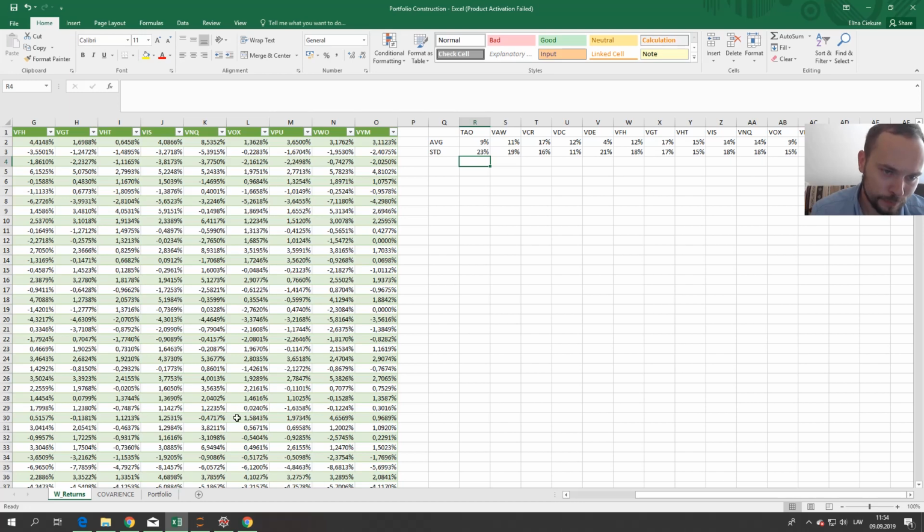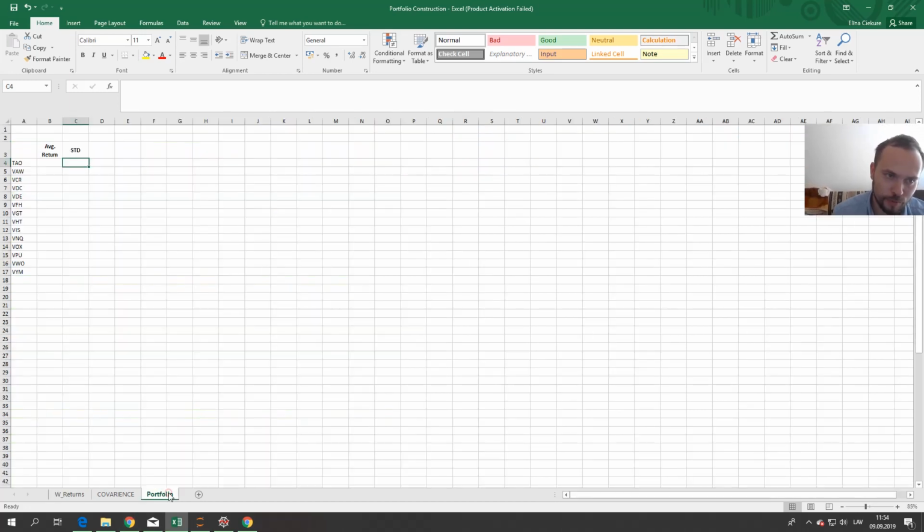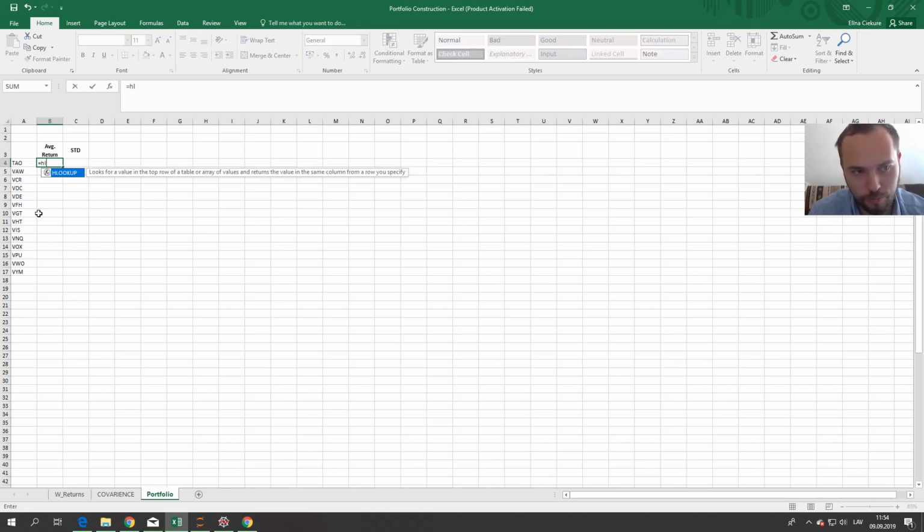Now you also want to have a separate sheet for the portfolio where you're going to build it. I already have the funds listed here as well, and average return. You might already guess you will have the same values that we had there. We will add them here. So how can you do it? Lookup or horizontal lookup.